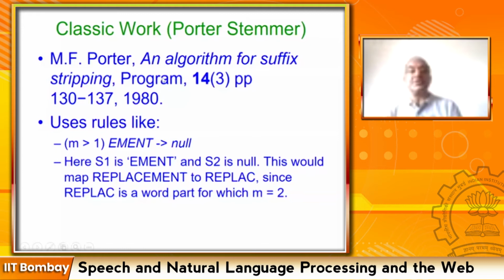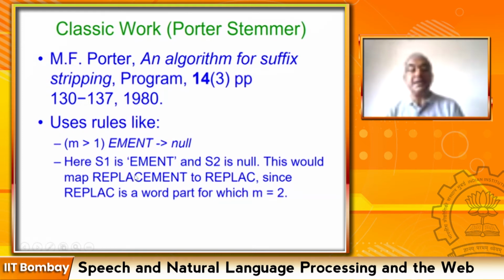I would like to tell this to you some other day: why for Indian languages a Porter's stemmer-like approach did not work. So Porter's stemmer uses rules like the following. If a word ends in EMENT, then you convert this suffix into null, and what remains is a proper root of the language. So EMENT.